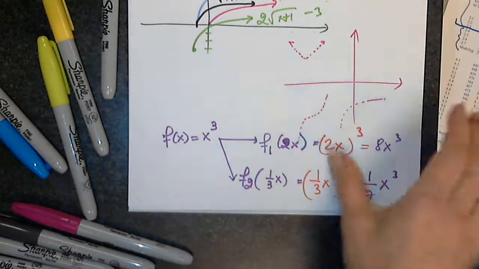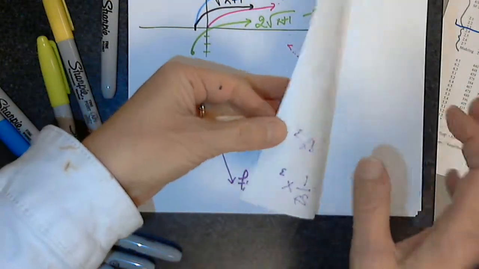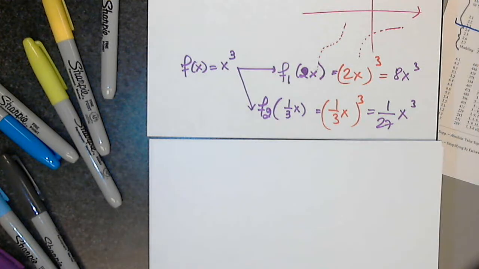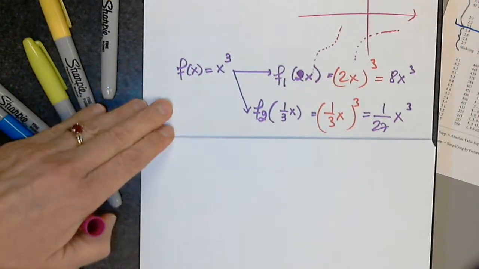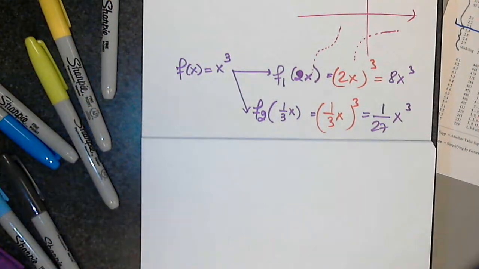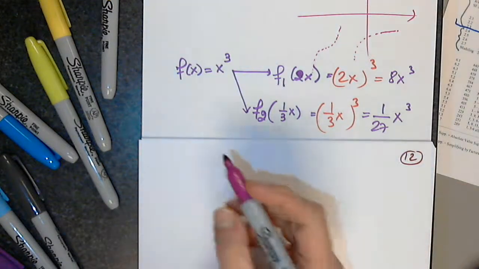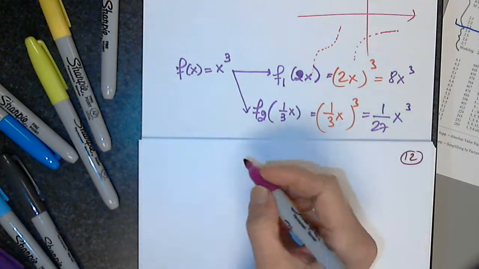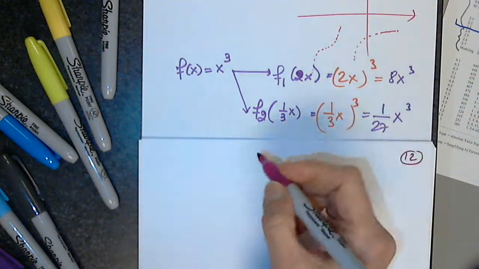So, this will come into play a lot in Trig. But I can't graph a Trig function right now for you because we haven't gotten there. So, let's graph 8x cubed, or f1 of 2x.